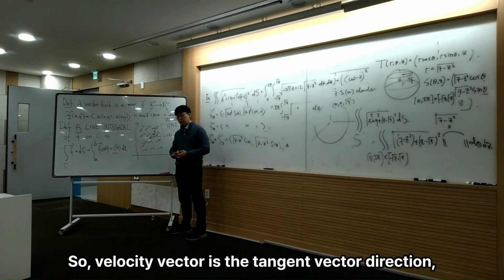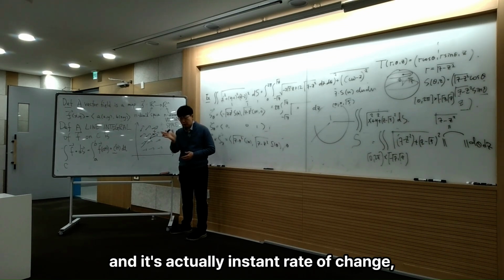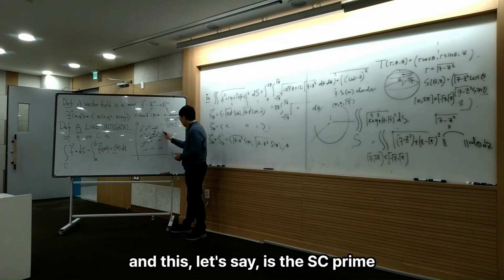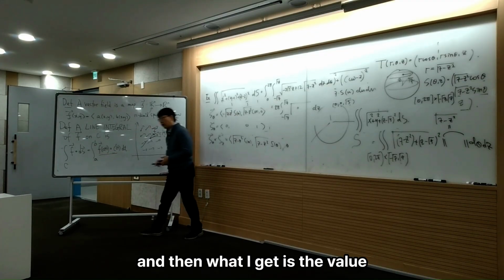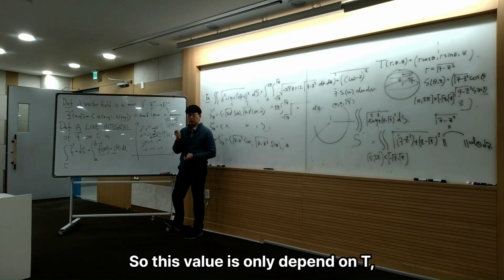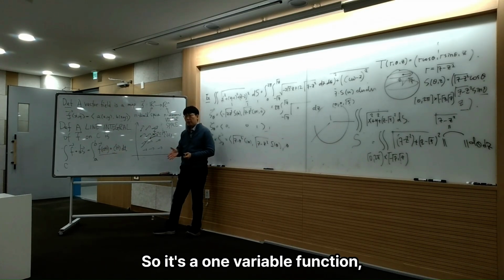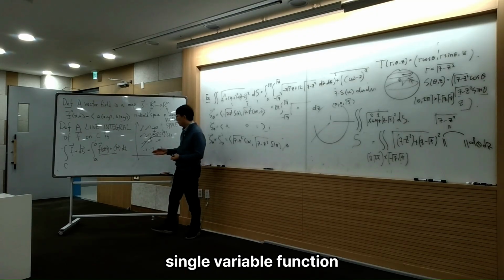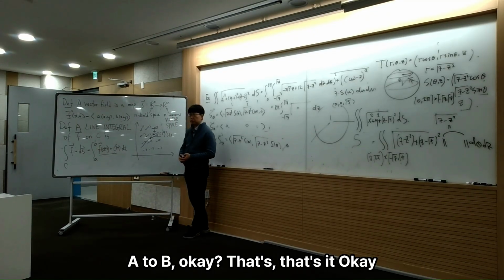So velocity vector is the tangent vector direction, and it's actually instant rate of change. And this, let's say, is c prime. So I'm taking these two vectors, f and c prime, and take the inner product. And then what I get is the value. Whenever you take the inner product between two vectors, you get a value. So this value only depends on t, the parameter t. So it's a single variable function. You're integrating a single variable function over the interval a to b.